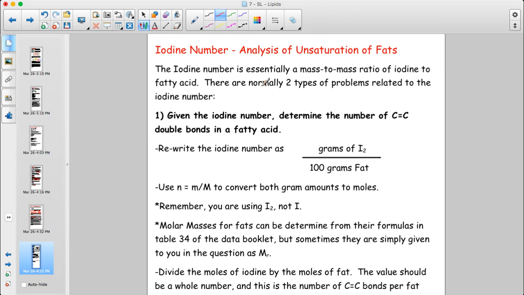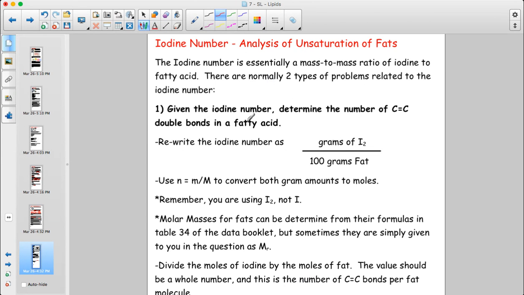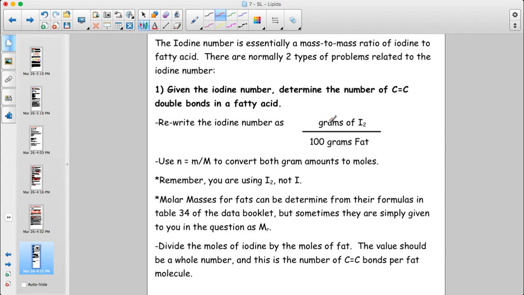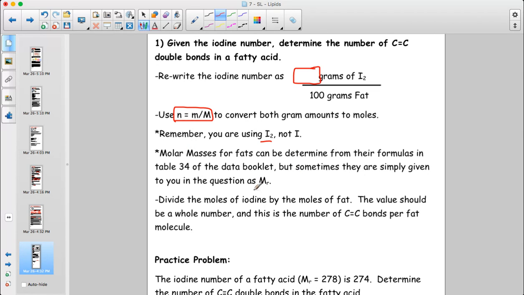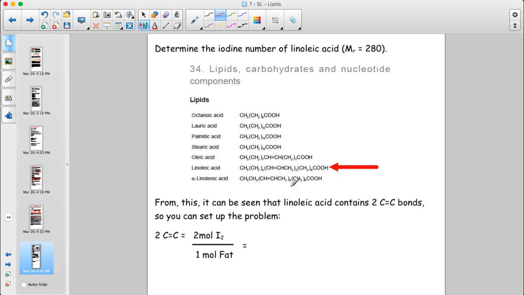Okay, in terms of actual calculations, there's really 2 ways that these problems are given. Sometimes you're given the iodine number, and you determine the number of carbon-to-carbon double bonds in the fatty acid. So if you're given the iodine number, 2 times the molar mass of I. The molar masses of fats are either given to you as an MR value, a relative molecular mass value, or they are listed in the table here.